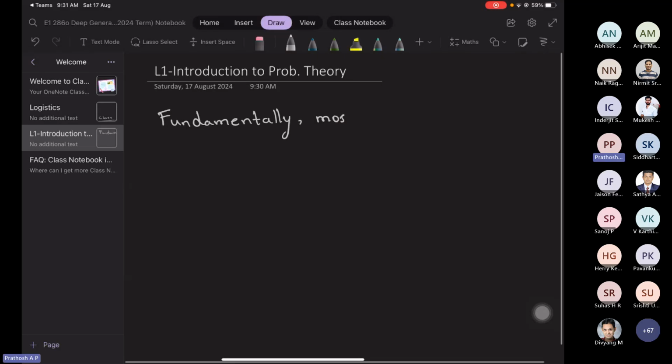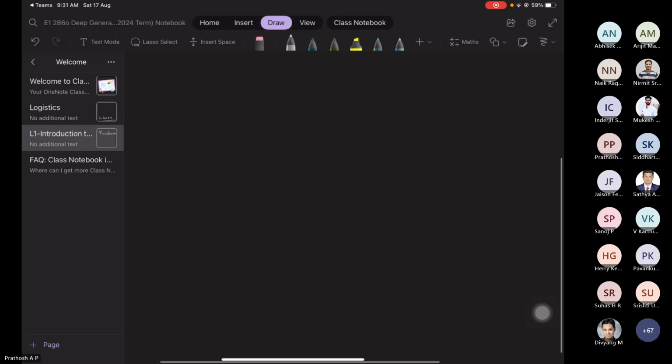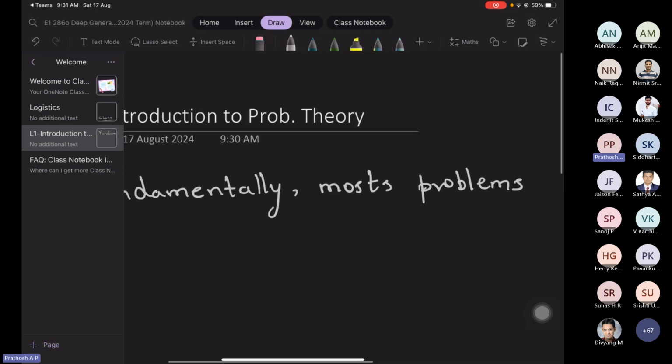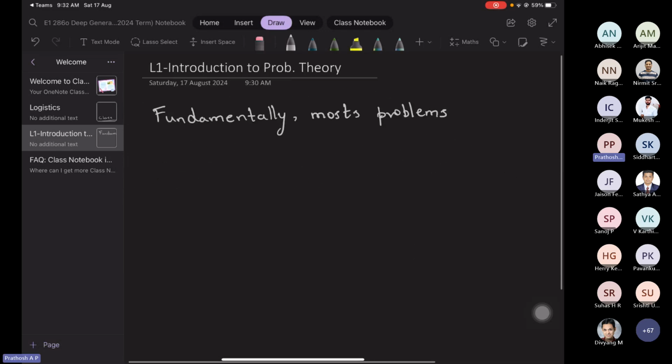for most problems in science and engineering, let's just go. When I place my hand on top of my iPad, it's just going everywhere. Is there a way to control that?